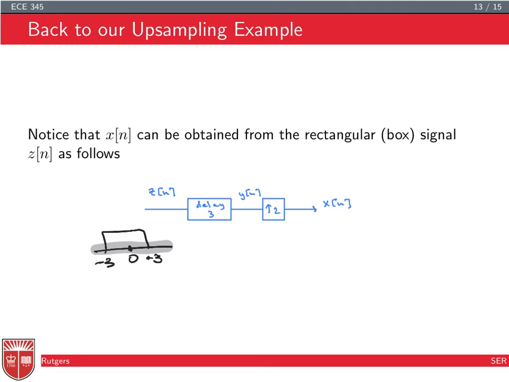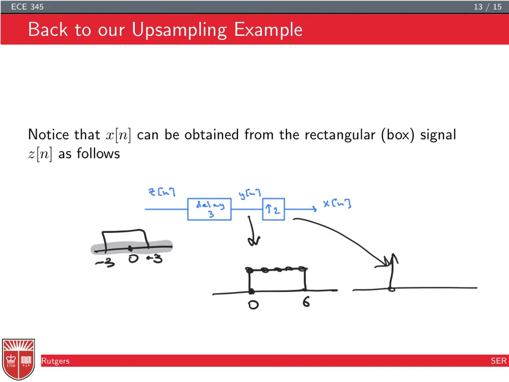And then when you delay by 3, you shift by 3 to the right, so you get y of n, which is this guy here, going from 0 to 6. And then when you upsample, you get the signal that we care about.